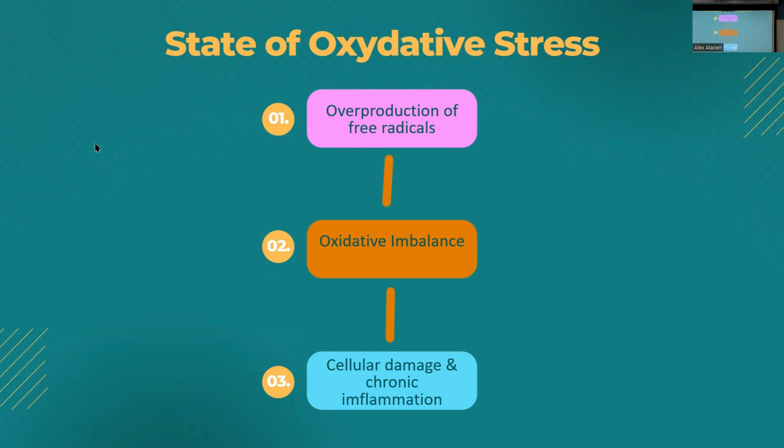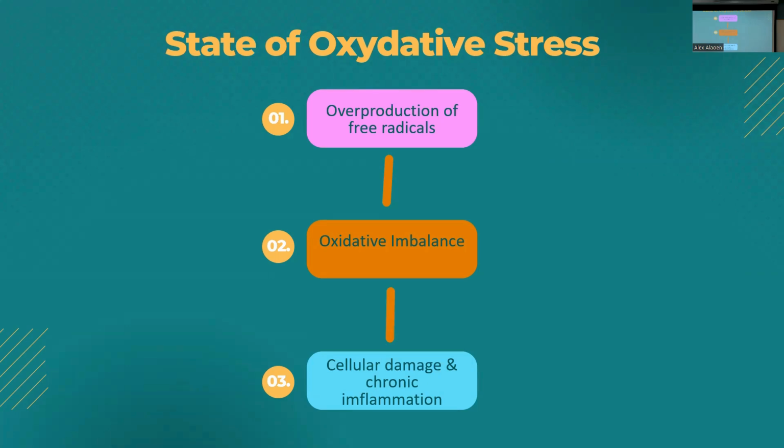Reactive oxygen species can lead to oxidative stress. So the overproduction of free radicals, such as reactive oxygen species, can lead to an oxidative imbalance in your body.